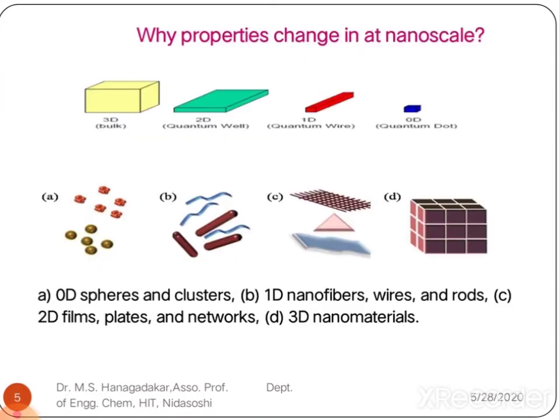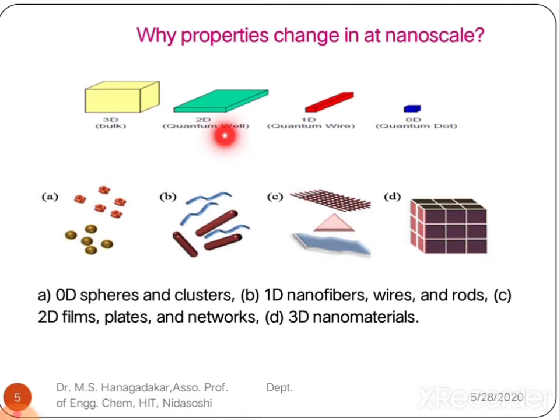So why do properties change in the nanoscale? Here you can see a 3D object, consider a box, which is considered as the bulk material. Cut it into a single slice, and you get the quantum well.